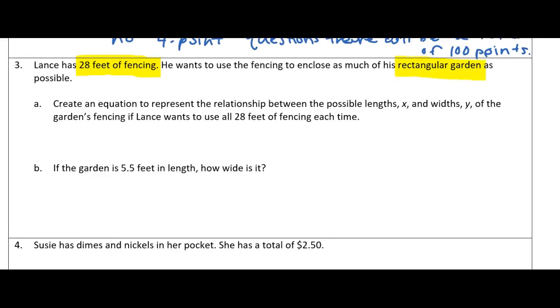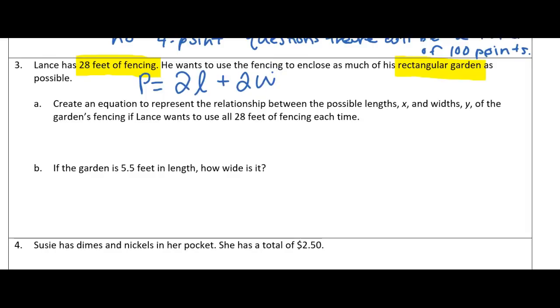Now, fencing would be around something. And if I'm talking about all the sides around a rectangle, that is my perimeter. So I do have the equation perimeter equals either adding up all the sides, W plus L plus W plus L, or we also have it as 2 length plus 2 width.